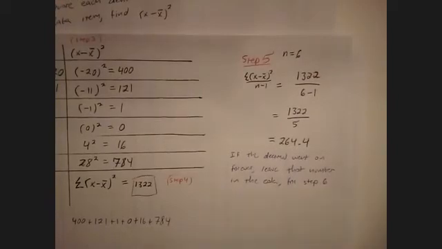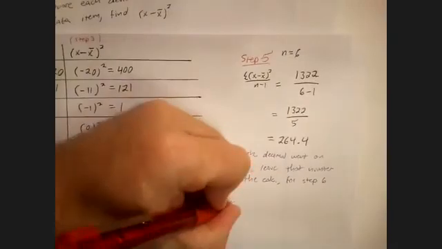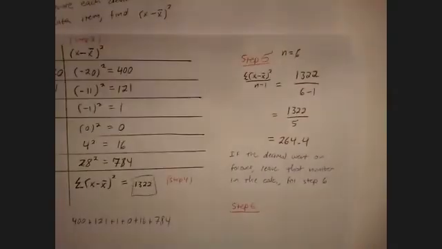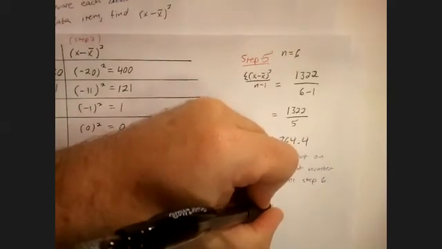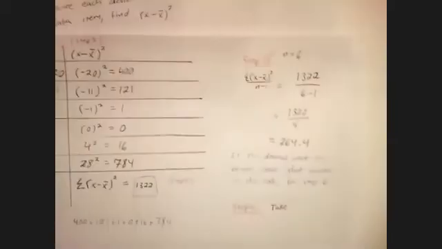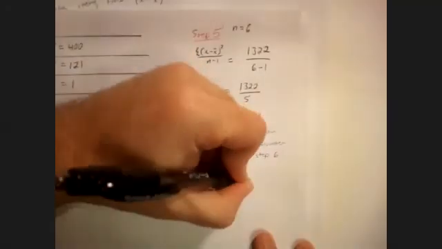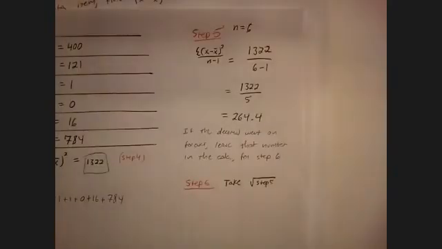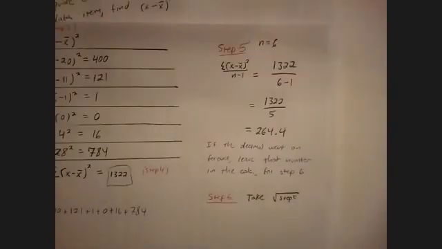All right, so in step 6, all I got to do is take the square root of what's in step 5. Okay? So take, and I have it written there, take the square root of whatever you had in step 5. And I know that notation is awful, but I think it makes sense. Okay, so I got that number.